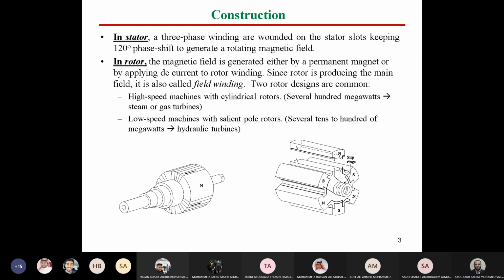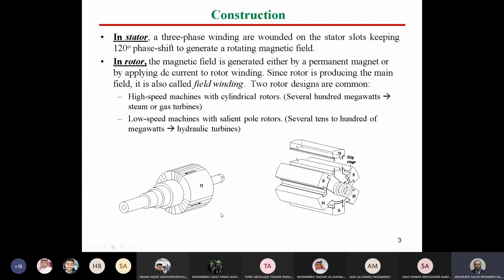So now we have two different shapes of the rotor. Which one should we use according to the applications? We can see that the cylindrical rotor is used with high-speed machines. In high-speed machines, normally the number of poles is small, 2, 4, 6, like that.